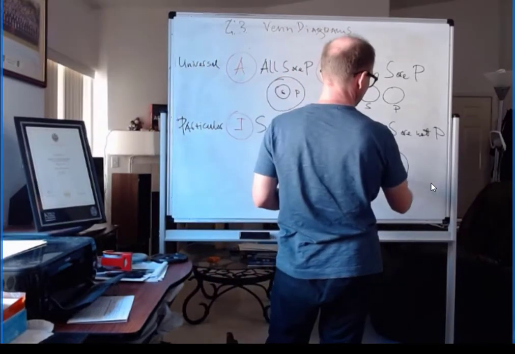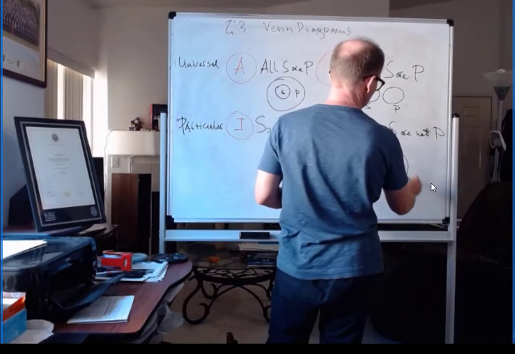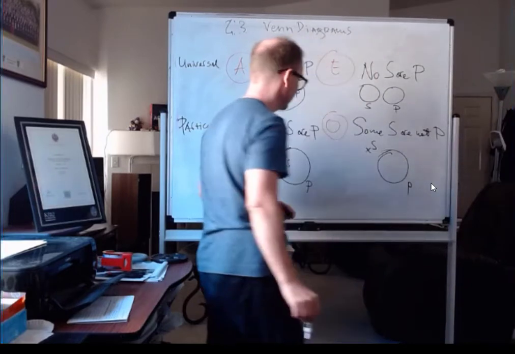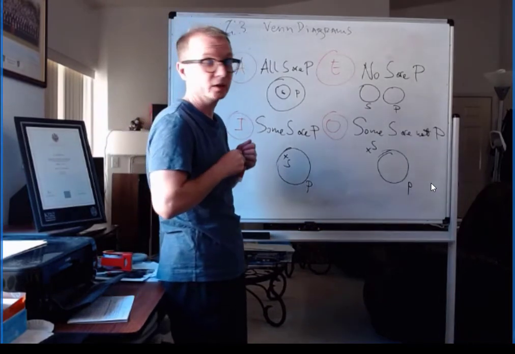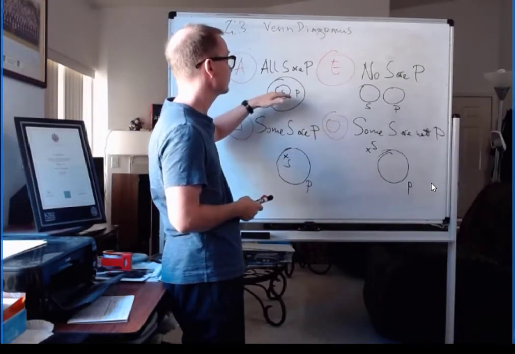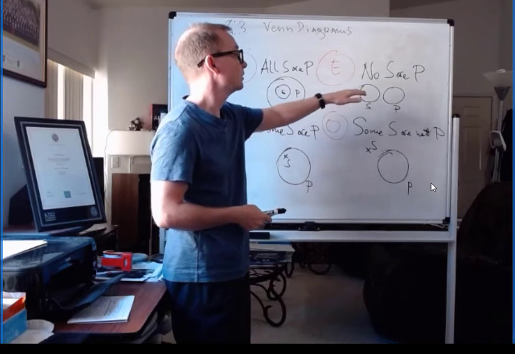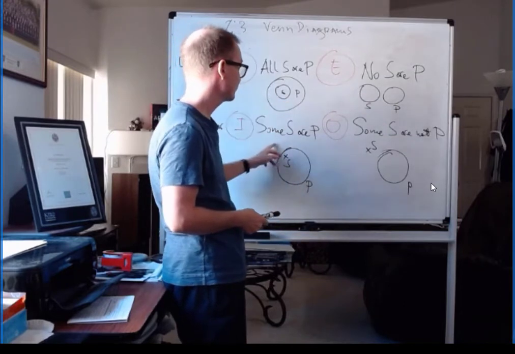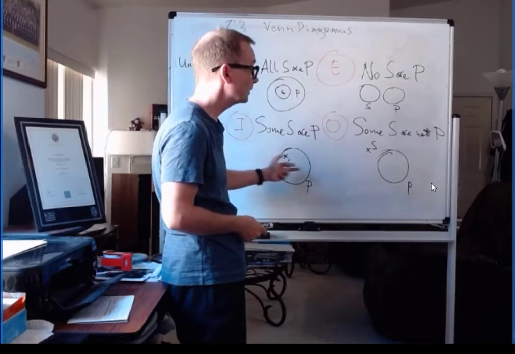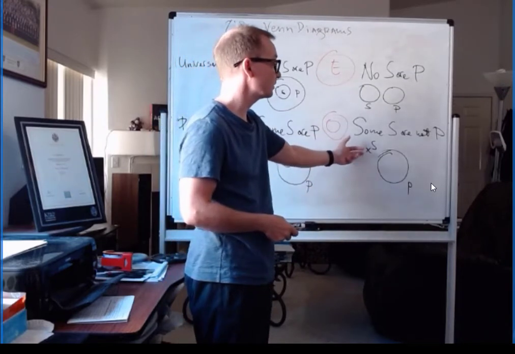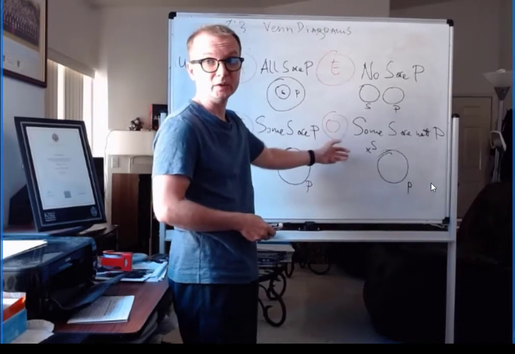And in this case, again, we have a circle P and a little X for the S outside of it. This is essentially what they are. This is what they mean. This one means all S are in P, no S are P. This one means there's at least one S which is also P, and this one means there's at least one S which is not P.